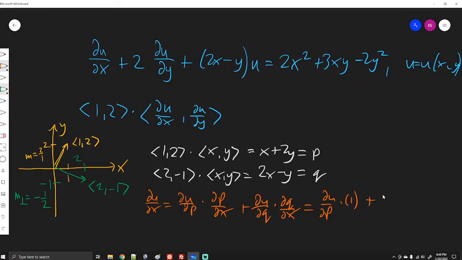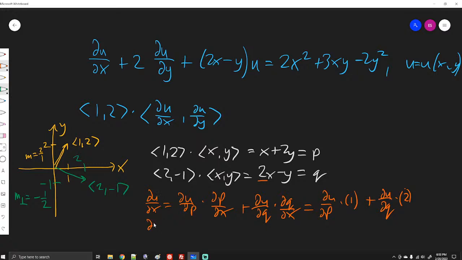And now plus partial of u partial of q times the derivative of q with respect to x, that's just going to be 2. So that's the partial of u with respect to x.